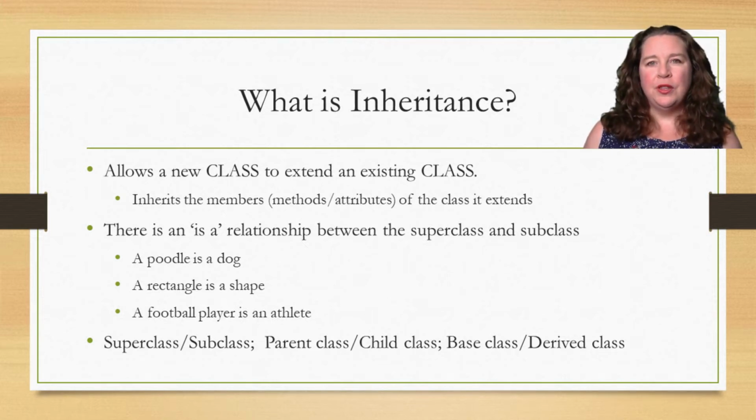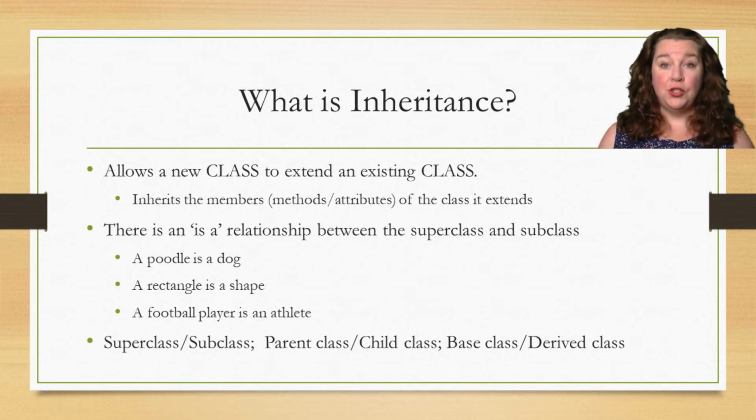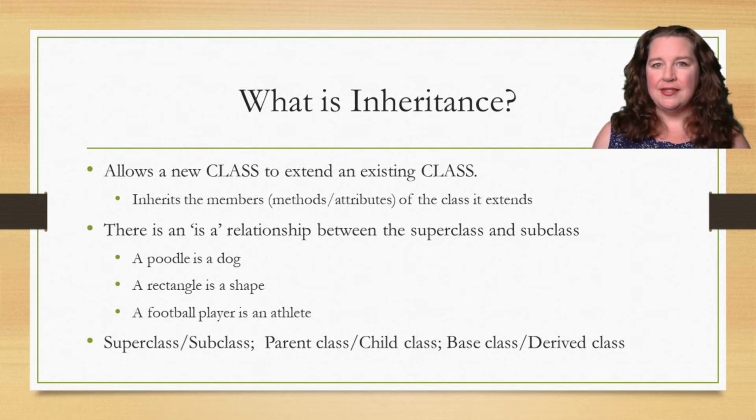And then we can also refer to them as a base class, the class that you started with, and then derived classes, classes that can be derived from the base class. So you'll hear me use all three of these interchangeably. And that's intentional. I want you to get used to hearing all three words, or all 6 words, so that you understand how they interact with each other.